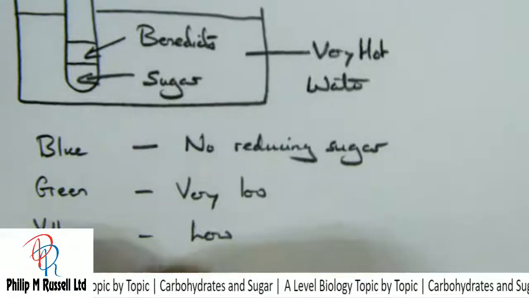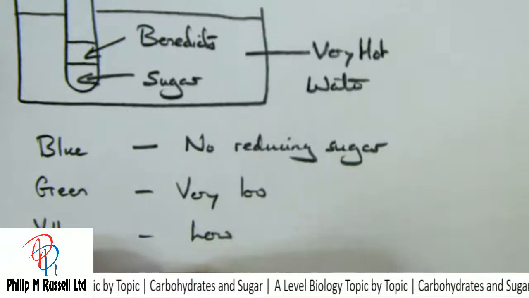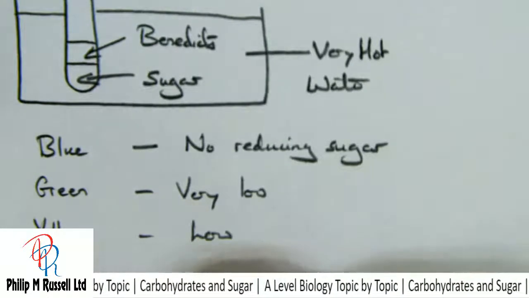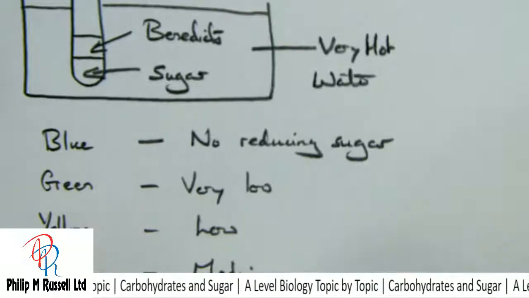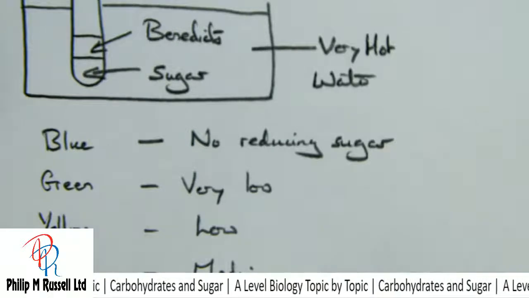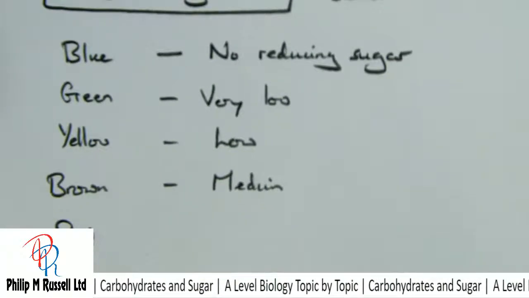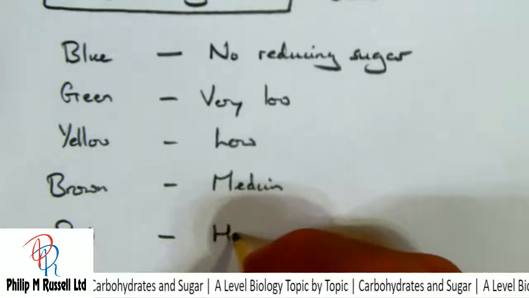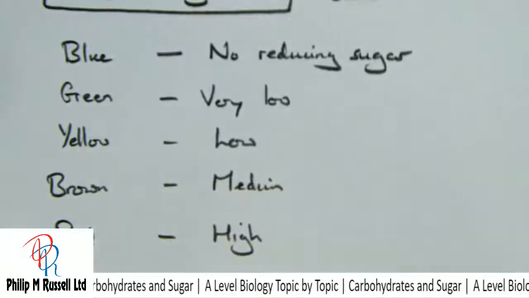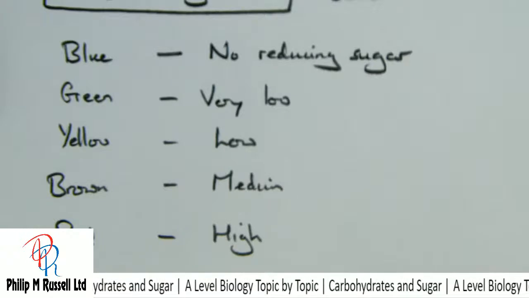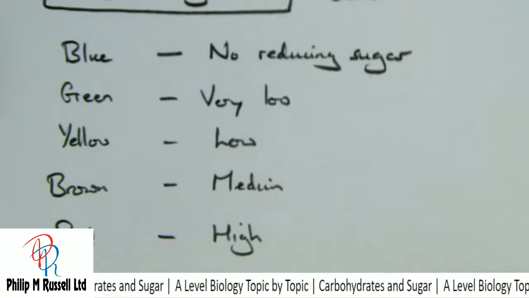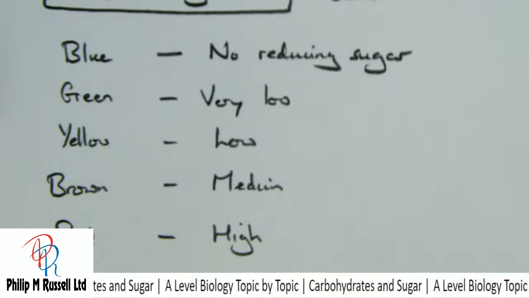If we can get some sort of brown colour, then we've got a medium amount of sugar. And if we can go more sort of brick red, then we've got a high amount of sugar. And this is very much a sort of qualitative test.